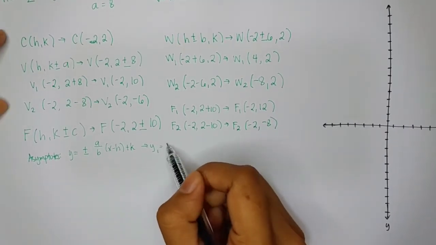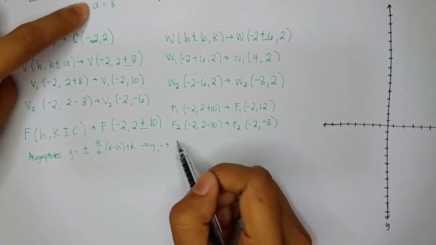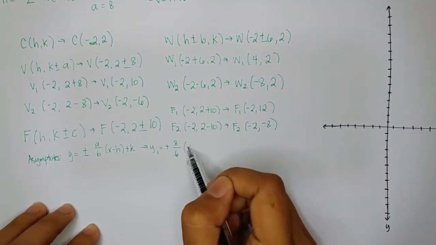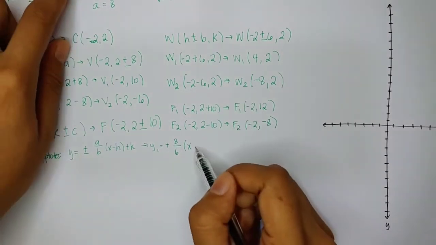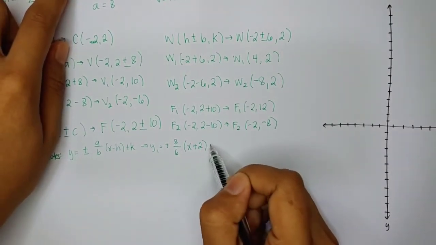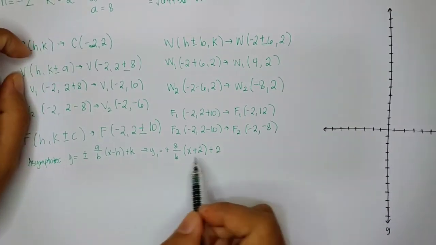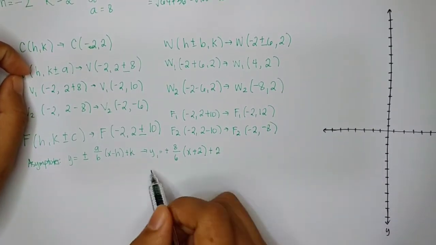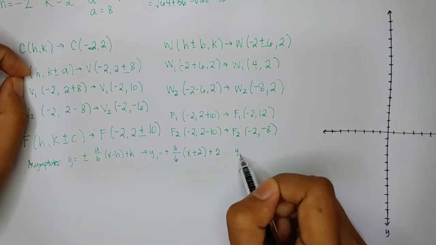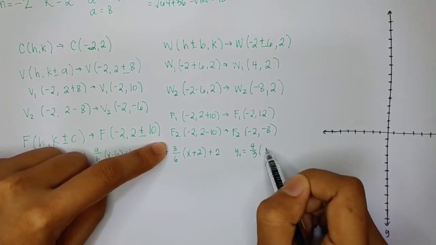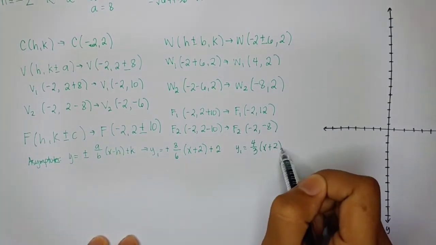So, ano yung a? Positive, a is 8 over b natin is 6. Then, x, ano yung h? So, copy na lang natin ito, x plus 2. Then, plus, ano yung k natin? That is 2. So, simplify natin ito. This is y1 natin. We have, since masimplify pa ito, 4/3 times x plus 2, plus 2.